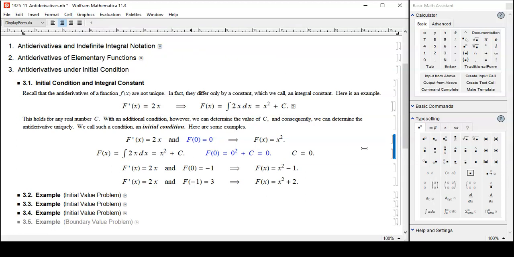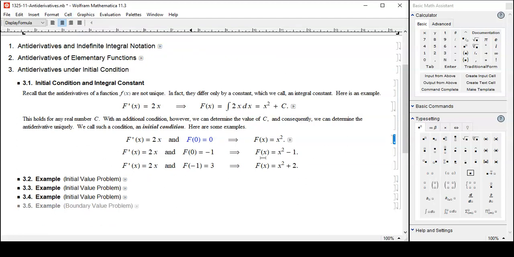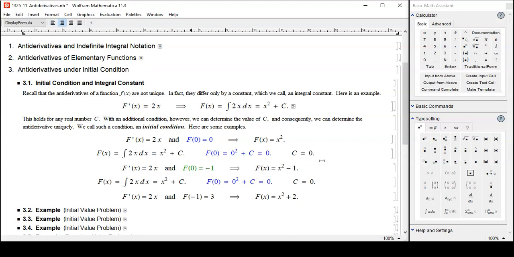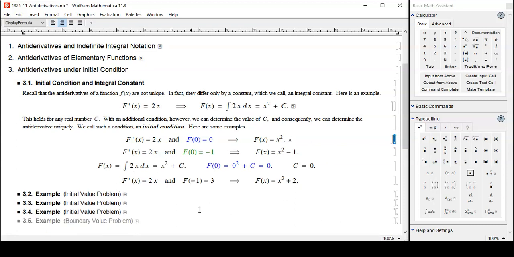Here's another example. Same problem, same derivative, same antiderivative computation, but we have a bit different initial condition. F of 0 is -1 right now. So how do we handle that? Well, let's copy and paste this entire thing. Okay, starting from here, let's see.